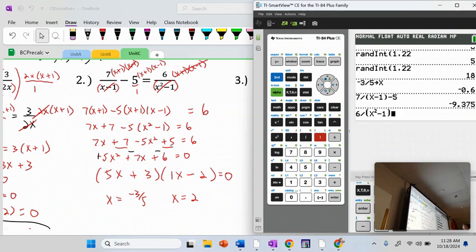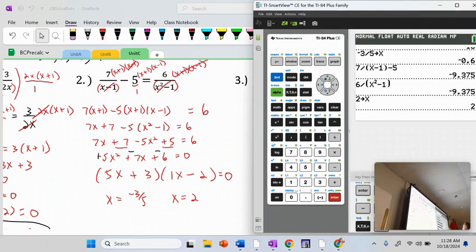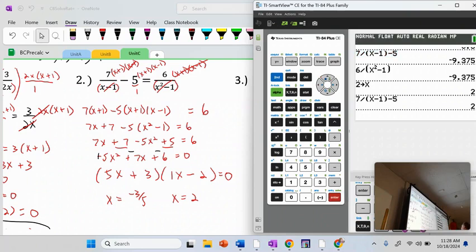I should get negative 9.375. And now all you have to do is change the store to 2. To store x, enter, and then just go ahead and grab those last two, and you can do this on your calculator. Grab those last two expressions, press enter, enter.